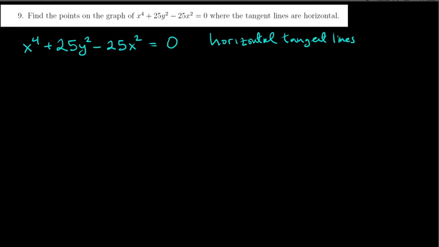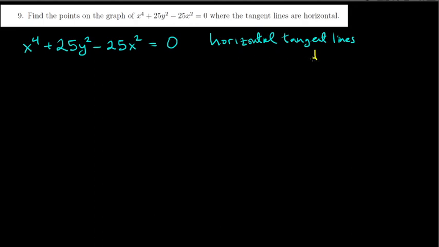Okay, so number 8 is very similar to number 6. Find the equation of a tangent line. So I'm going to do the non-trivial version of that, number 9. Find the points on the graph of this equation here where the tangent lines are horizontal. So what does it mean for the tangent lines to be horizontal? Well, a horizontal line has slope 0.